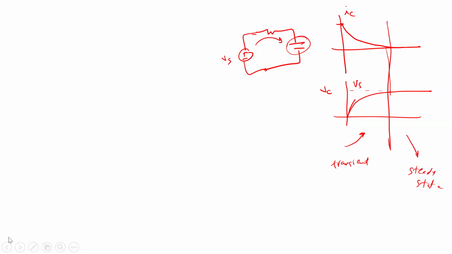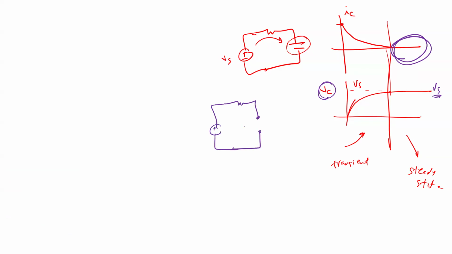As you see, at steady state the current is equal to 0 and the voltage across the capacitor is equal to VS. That is because in steady state the capacitor is an open circuit, so there is no current, and the voltage across it equals VS because there is no voltage drop.